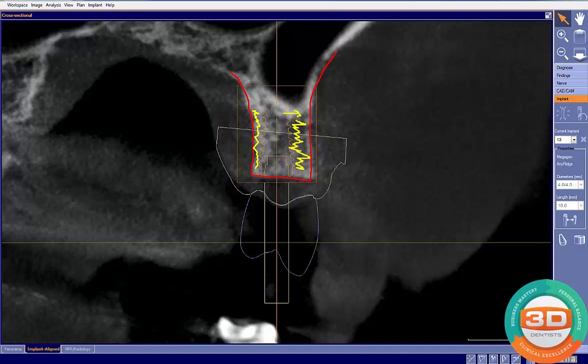And my guess is that the reason we moved this implant a little bit to the palatal there was to avoid the sinus right there. So we have a couple of choices here. One, we can go with a slightly shorter implant and move it to the center.